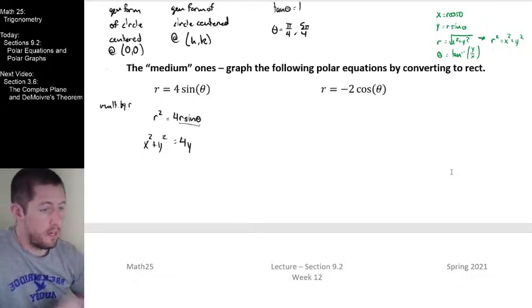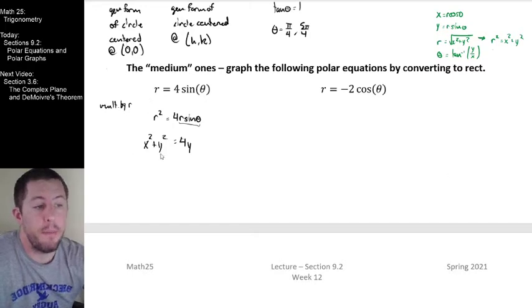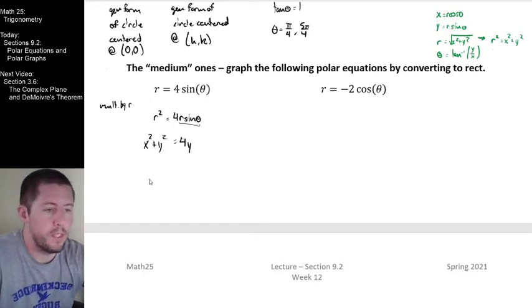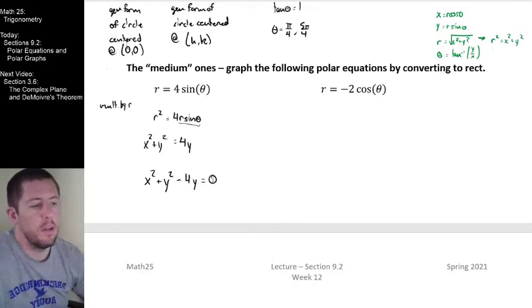Just thinking about where to put this here. So what I'm going to do here is I'm always going to group all my terms over onto one side. x squared plus y squared minus 4y equals 0.